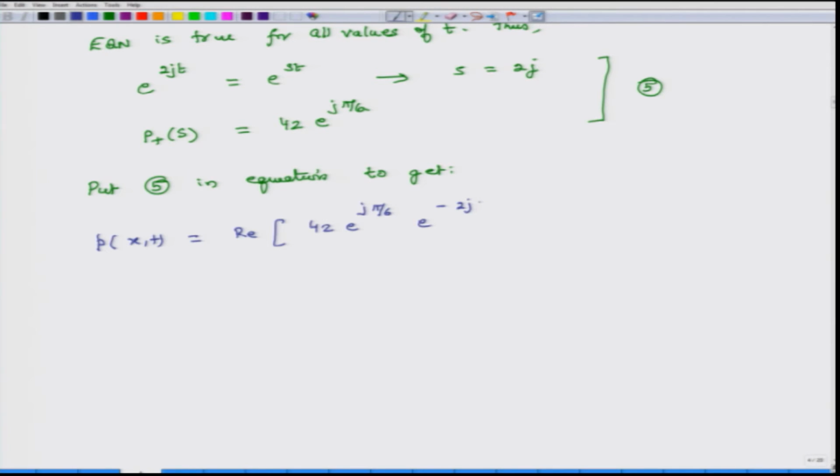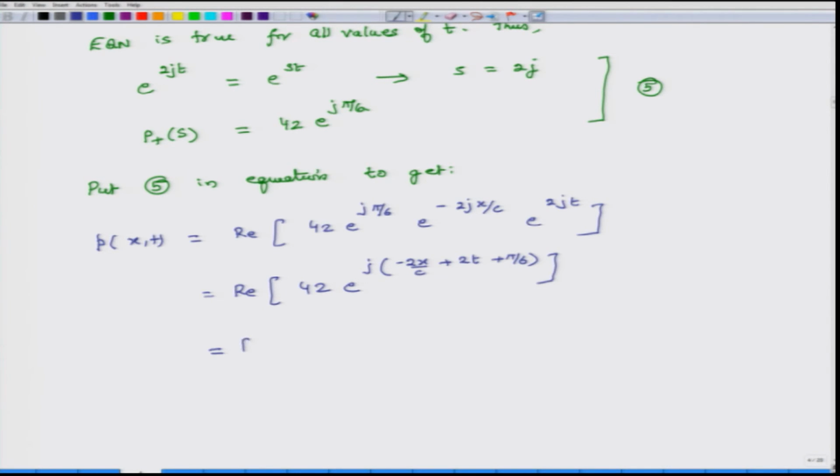So, 2 j x over c, and e to the power of s t, and s is again 2 j. So, 2 j t, or I can express it as 42 e to the power of j times minus 2x over c plus 2t plus pi over 6.